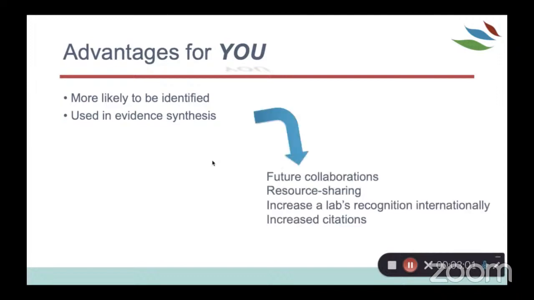And what that means in the long term is that could open up many potential opportunities for future collaborations with individuals interested in the same topics, potential for resource sharing because of those collaborations, as well as increasing your lab or your team's recognition internationally. And finally, the hard coin of academia is increased citations. If your study is identified and used in an evidence synthesis, that's a citation that you did not have before that point.